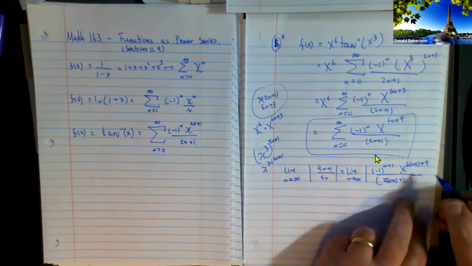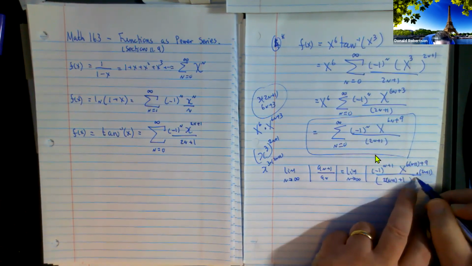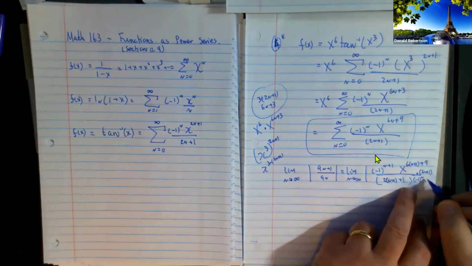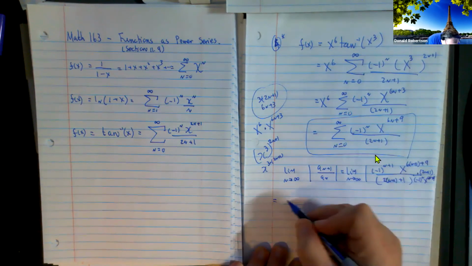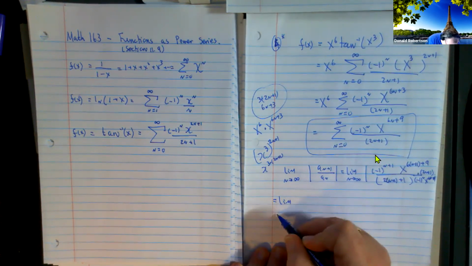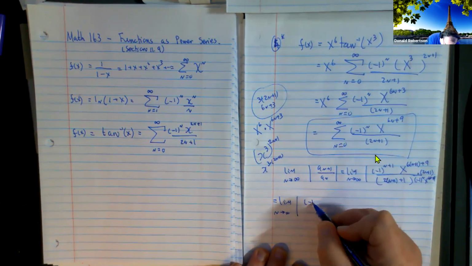The upside down version is 2n plus 1 goes here, minus 1 to the n, and x to the 6n plus 9. And that was horrible. I had to squeeze them in. So you don't need to do this if you've already got a good copy. I had this fella.